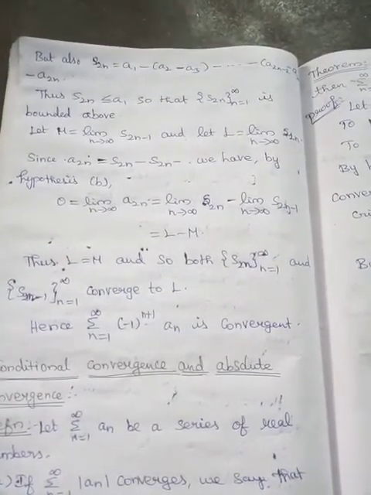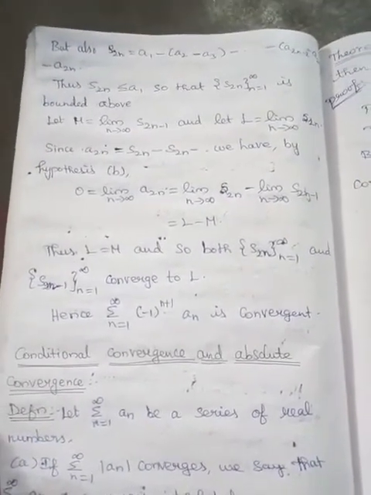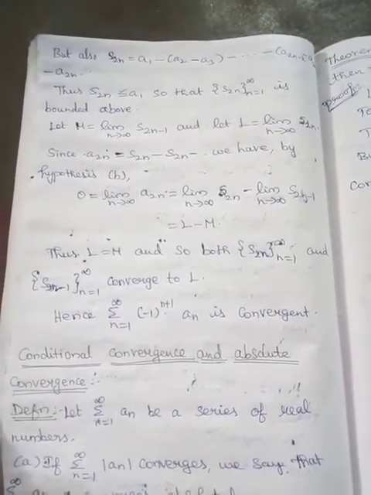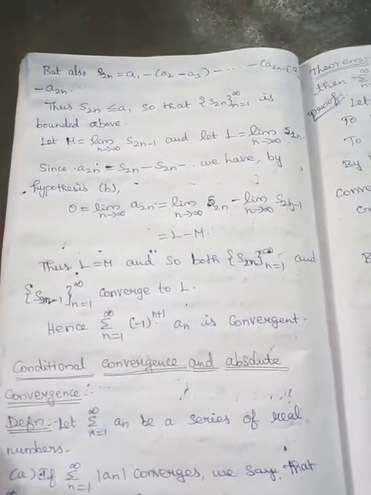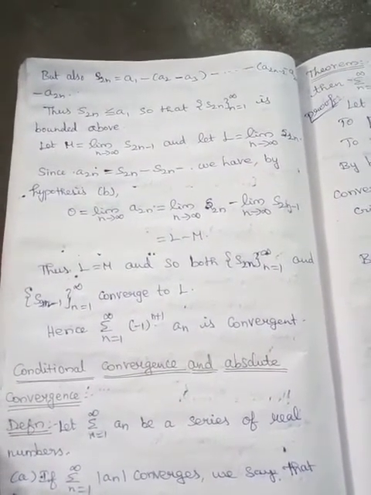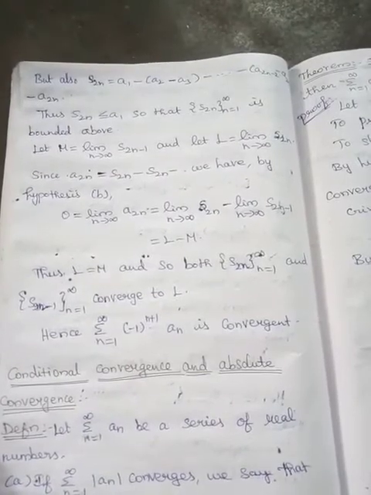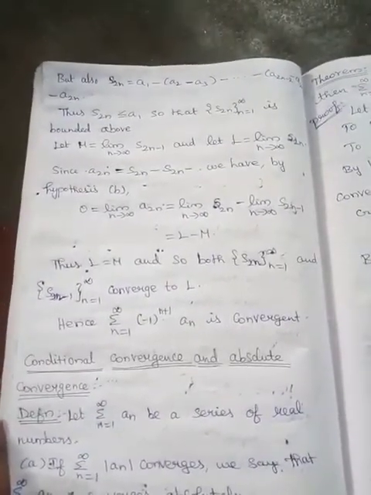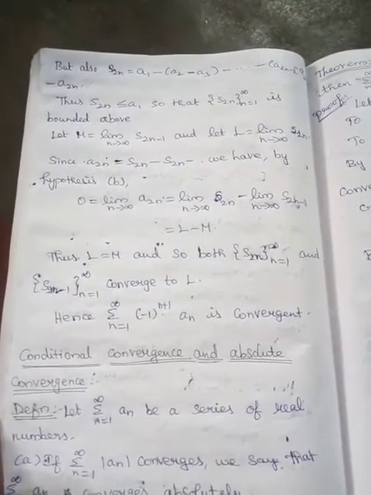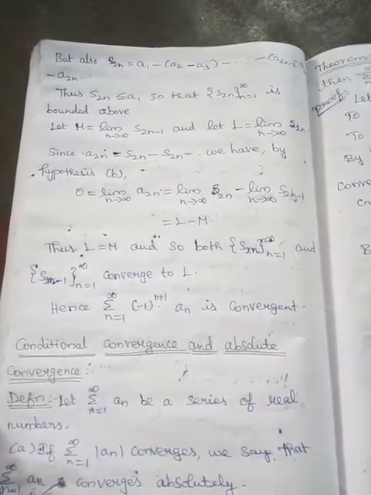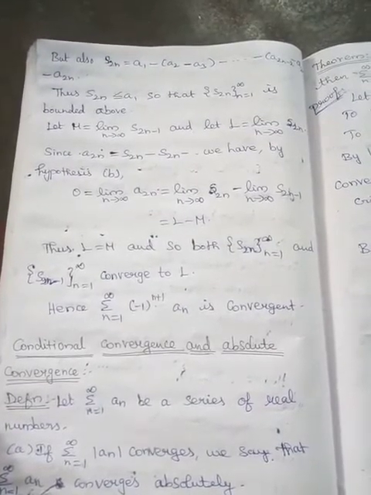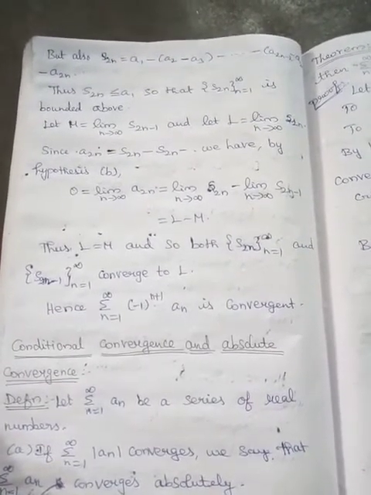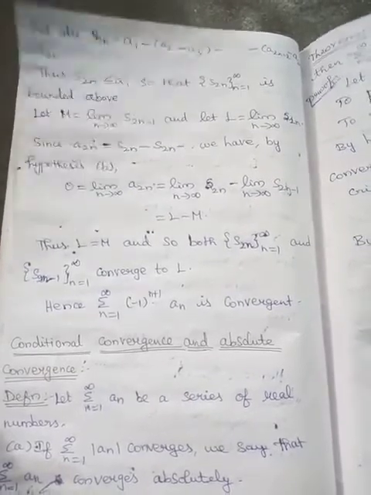Let m equal limit n tends to infinity of s2n-1, and let l equal limit n tends to infinity of s2n. Since a2n equals s2n minus s2n-1, we have by hypothesis (b) that 0 equals limit of a2n, which equals limit of s2n minus limit of s2n-1.